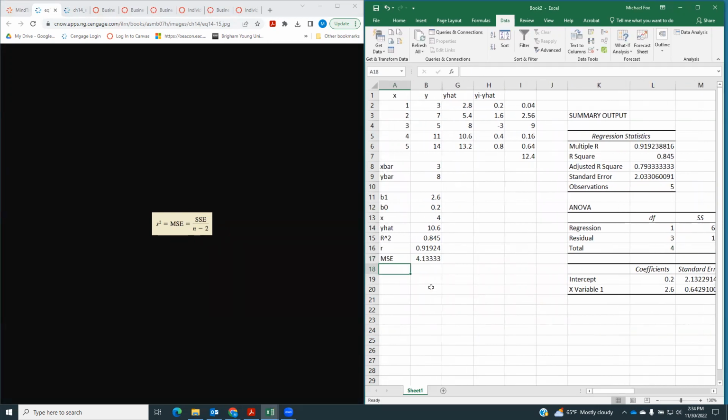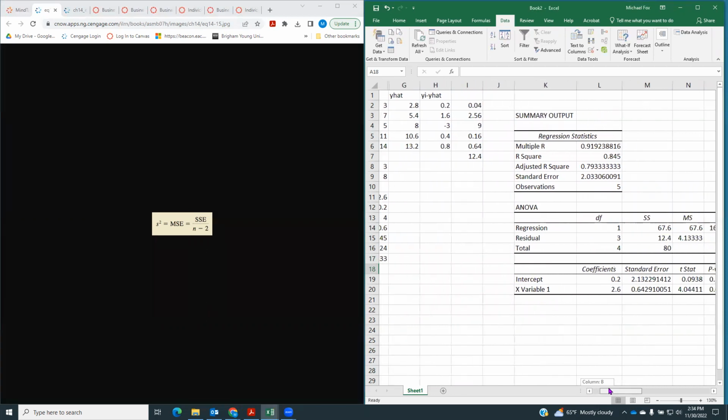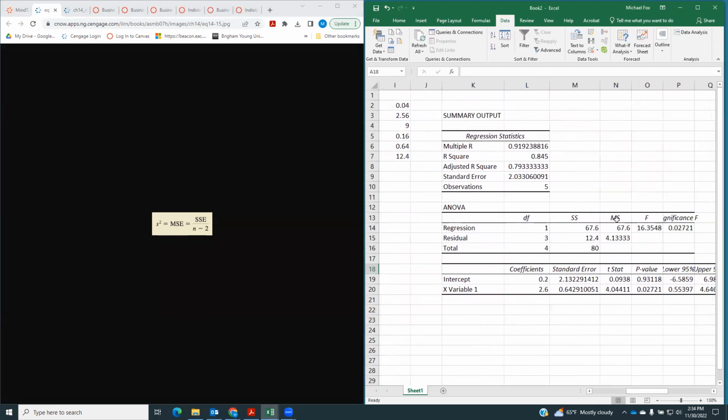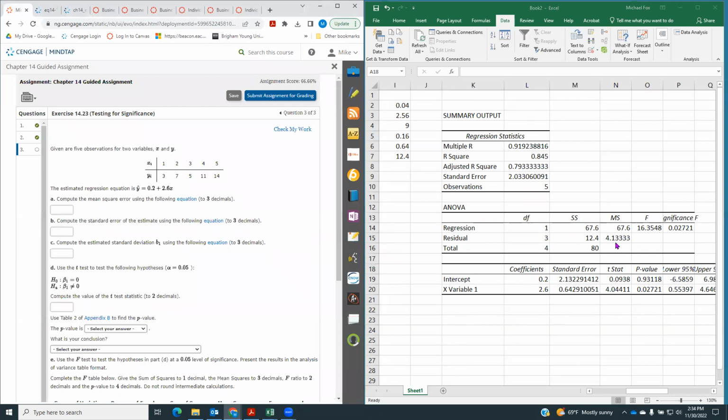So my MSE is 4.133333. And you can see that number pops up in here as the MS of the error. MSE, MS, and then residual and error are synonymous terms for us in here. So we calculated that as 4.133, or we also found it as 4.133.